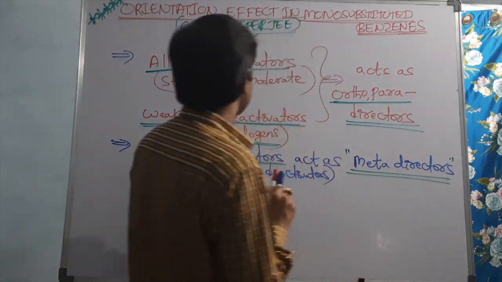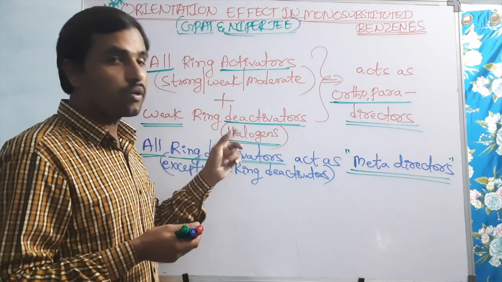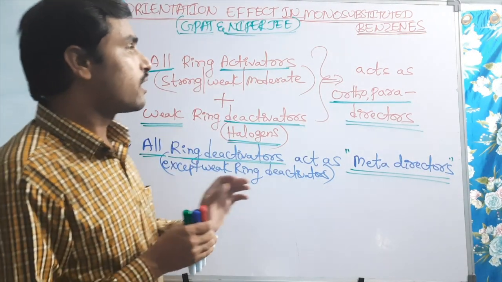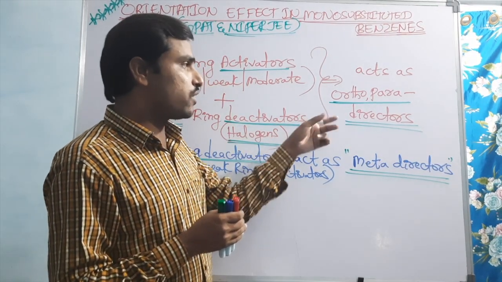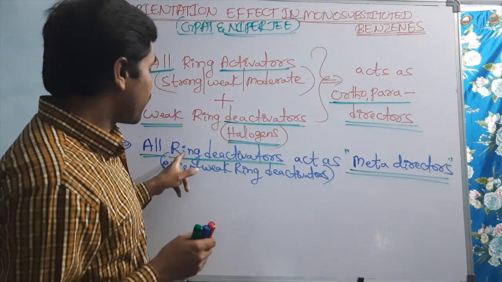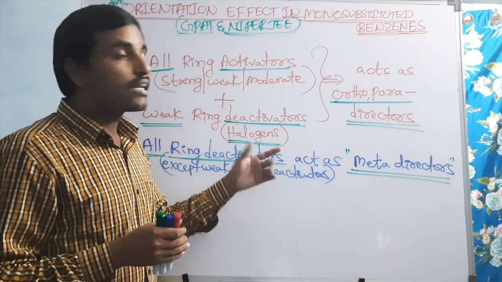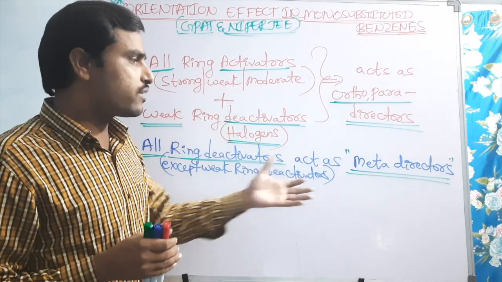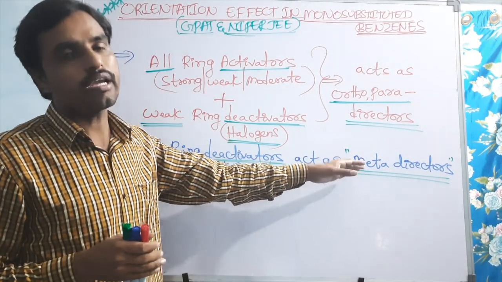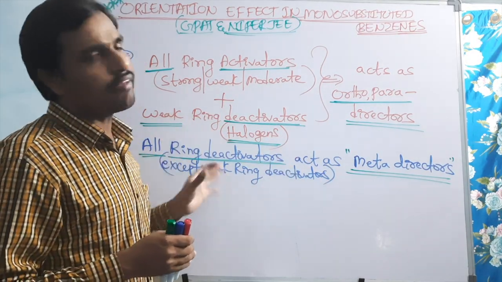So all ring activators and weak ring deactivators increase the electron density at the ortho and para positions. But all ring deactivators except weak ring deactivators increase the electron density at the meta position. That is a very, very important point.